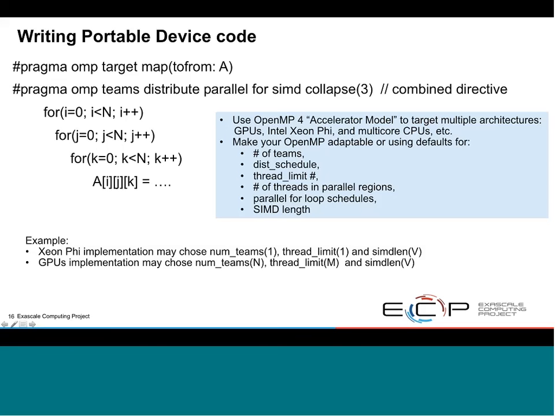And for example, in one architecture, a compiler or runtime may choose to just use one team and then have all the parallelism at the parallel for and SIMD level. Or in other architectures, we'll focus on having more parallelism by spawning more teams and threads, and that will run better in an architecture like a GPU.